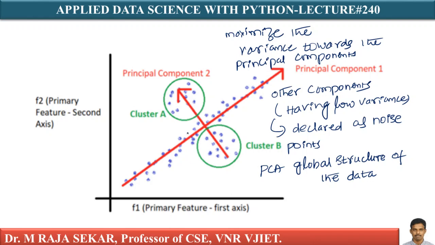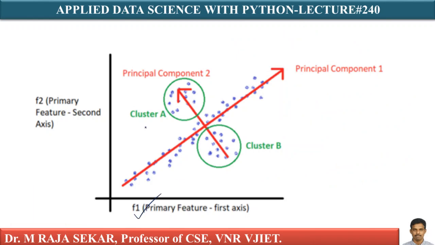If you observe this particular figure, we have two features, F1 and F2, along with two clusters, cluster A and cluster B. The two clusters of points lie on both sides of principal component 1.